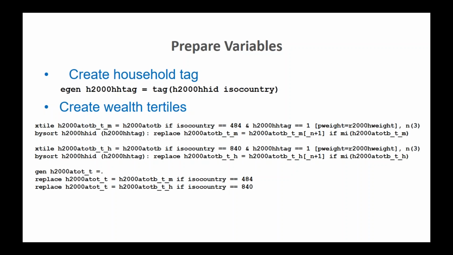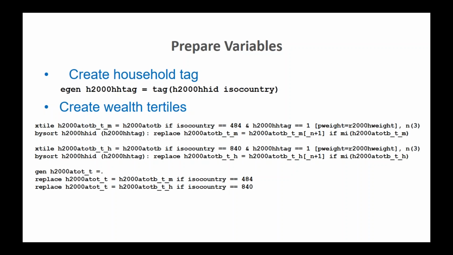What we don't want to do is create a descriptive statistic about household wealth where we count both of those values for the same household as two different households. We want to make sure that we're only looking at a household level here.